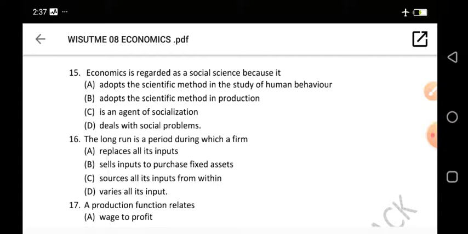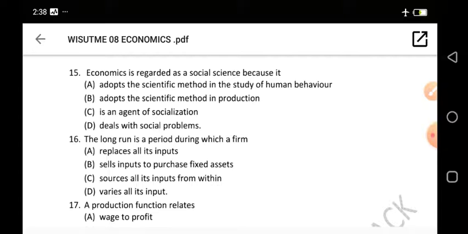It is believed that in the short run, you have at least one fixed factor of production, while all other costs might vary. But the long run is a period long enough to change your factors of production. So all factors of production vary. You can change all your assets in the long run.